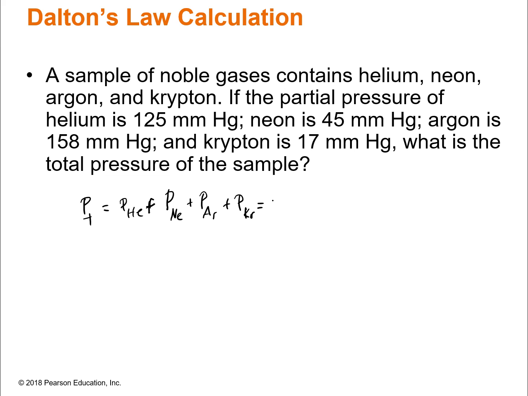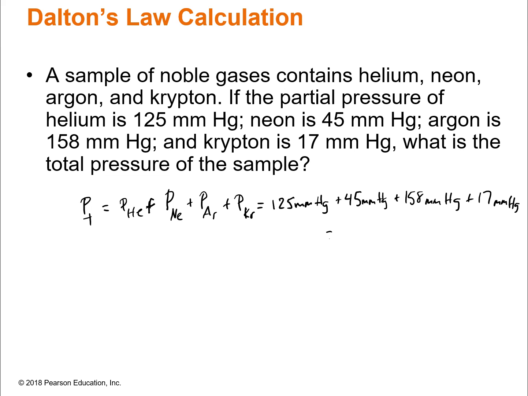So we've got 125 millimeters of mercury, 45 millimeters of mercury, 158, and 17. If we total all those up, it'll give us the total pressure of that sample.